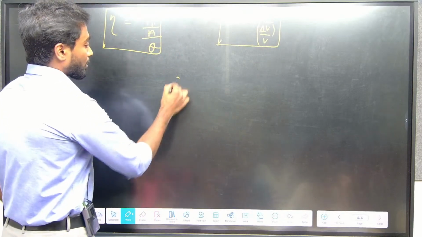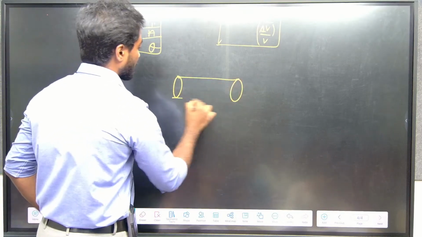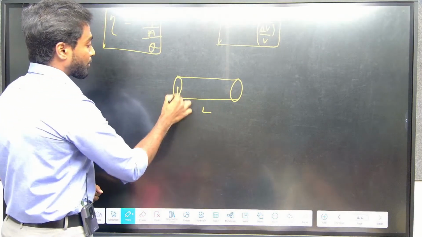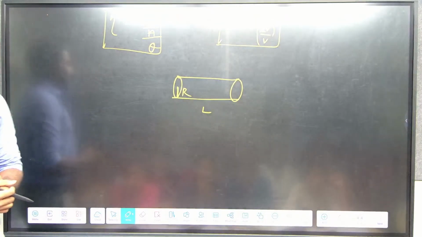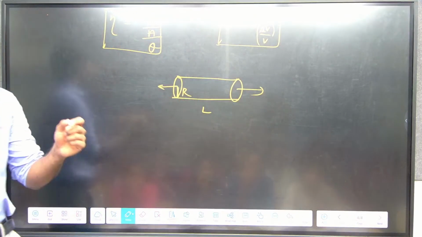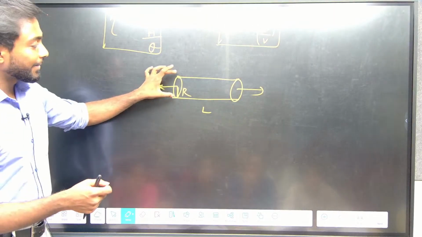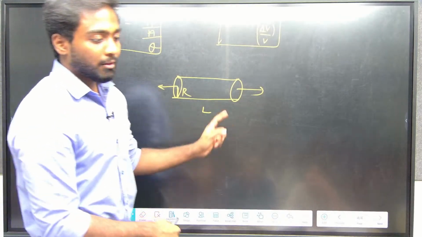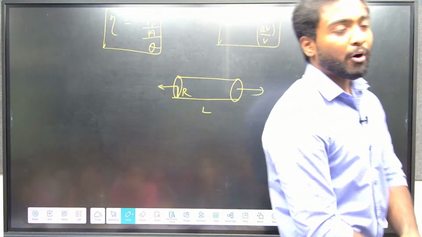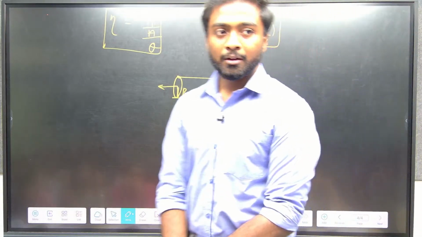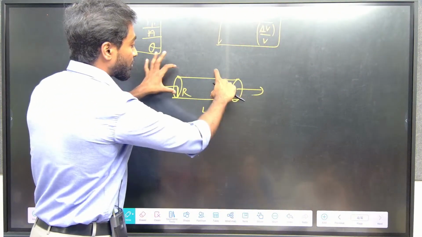There is a wire of length L and radius R. If I try to expand this wire, what happens? The length increases. What about the radius? It decreases, no? This is what we are talking about in Poisson's ratio: lateral strain and longitudinal strain. This is my longitudinal, this is my lateral.